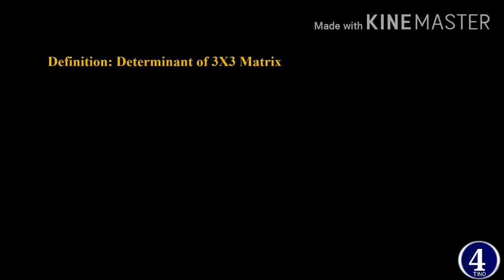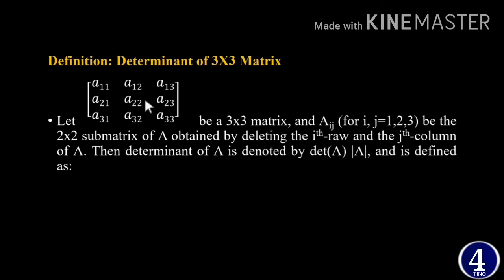Let us see the definition of how to determine the determinant of a 3 by 3 matrix. Okay, let's say that this is matrix A, which is 3 by 3 as you can see. Then consider another matrix, A IJ, a 2 by 2 submatrix. How is it obtained? It is obtained by deleting the i-th row and j-th column of this matrix; the remaining submatrix is A IJ. Then, the determinant of A, to find it, first the symbol is this one, and it is defined as follows. What is the formula?